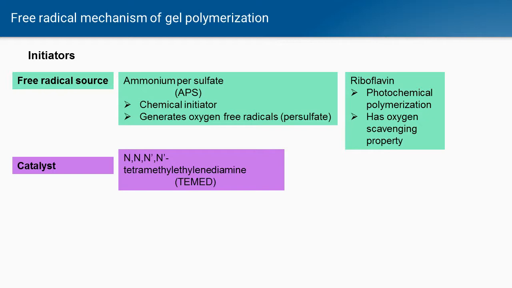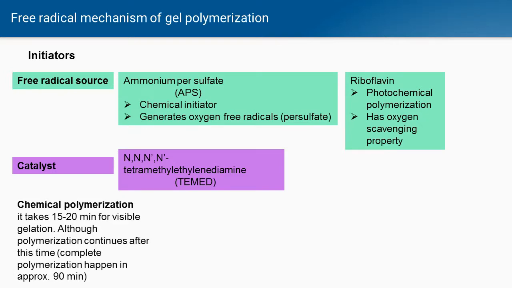Sometimes riboflavin is also used along with TEMED and ammonium persulfate. Since it has oxygen scavenging property, if there is any possibility of adverse effect of oxygen, riboflavin reduces it. And second, it speeds up the polymerization process because of its photochemical polymerization activity.